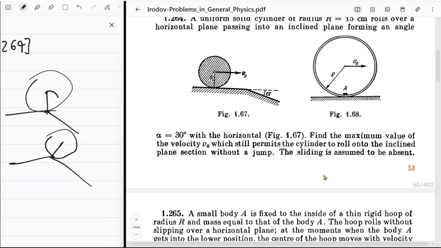Ah. Maybe this guy falls off, so it has to cover an angle of alpha before it goes on this inclined plane. So maybe this guy just falls off before alpha, right? So yeah, okay, what if its velocity is so big that it actually cannot do this? Right. I think that's what's happening, isn't it? Now there's gravity.